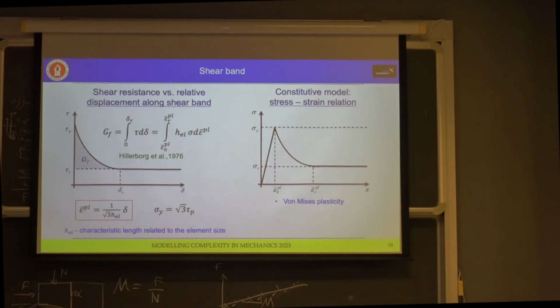So we will see that it's mesh dependent, but I have to convert this law from the shear band with kind of zero thickness to some volumetric failure. So I introduce here length scales, which are characteristic length scales related to the element size. In our case, it will be the width of one element. It also depends if the mesh is structured or unstructured for this application.